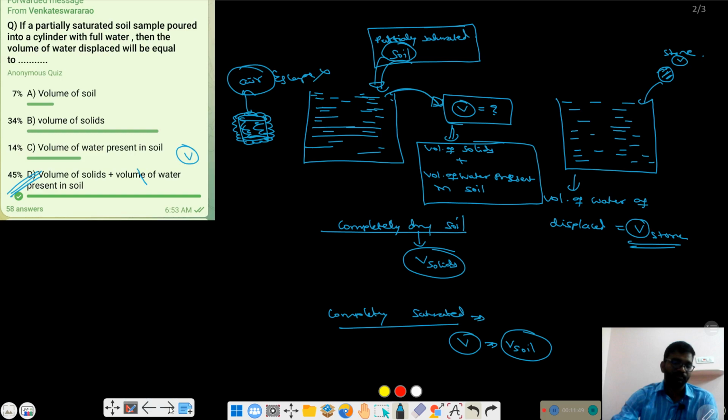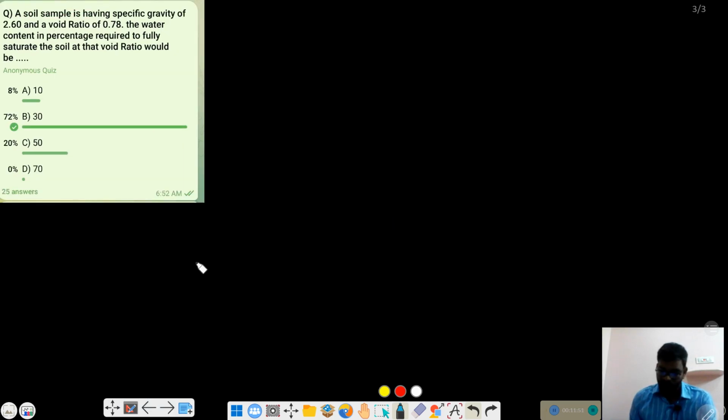Now the third question is, a soil sample having specific gravity of solids G equal to 2.60 and void ratio equal to 0.78. What will be the water content in percentage required to fully saturate the soil at that void ratio?